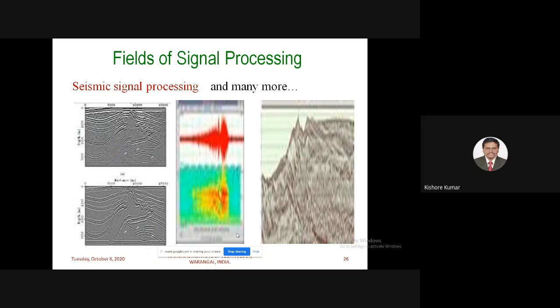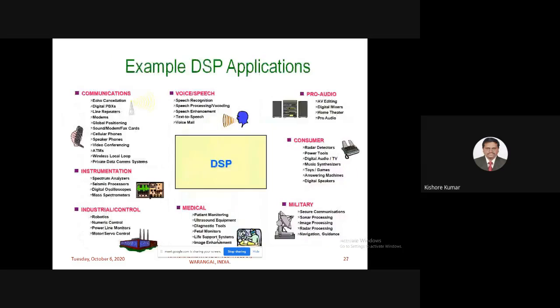If you want to do research, you can take any field, whichever domain you want, and then apply research topics like signal analysis, signal decomposition, and other features that we can use.